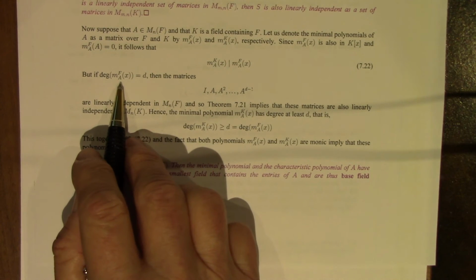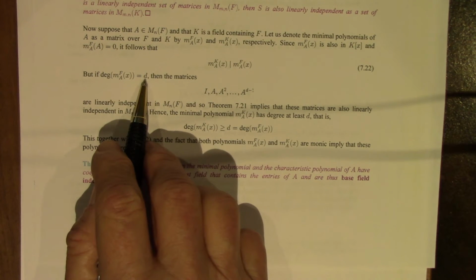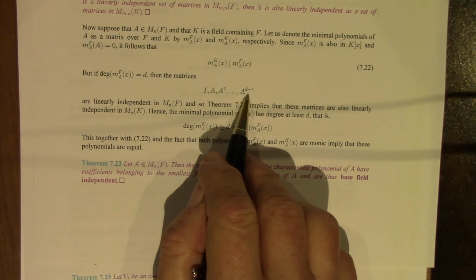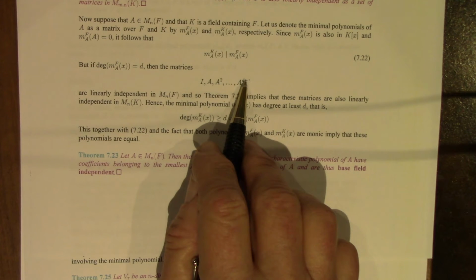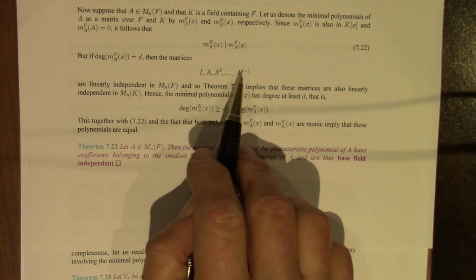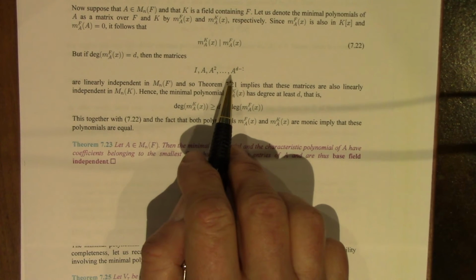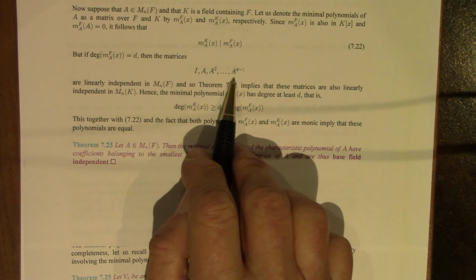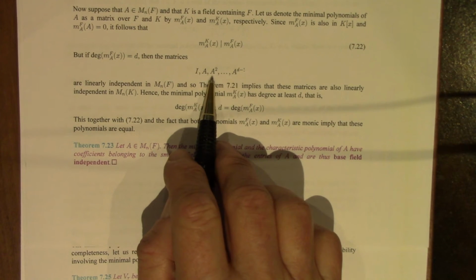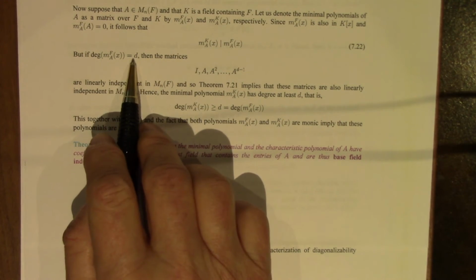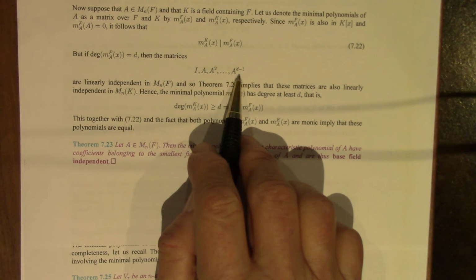Well, if the degree of the F minimal polynomial is d, then these d matrices are linearly independent over F. Because if there was a dependency, you would have a non-zero polynomial of smaller degree than d that was satisfied by A. We're talking about over F now.